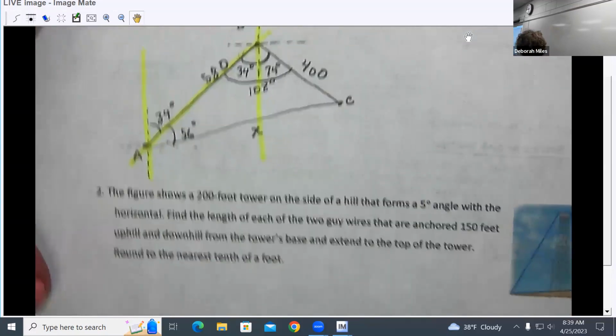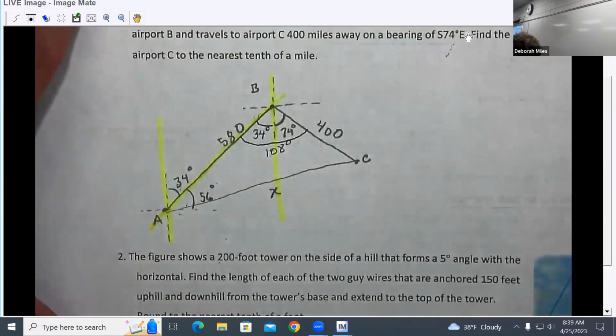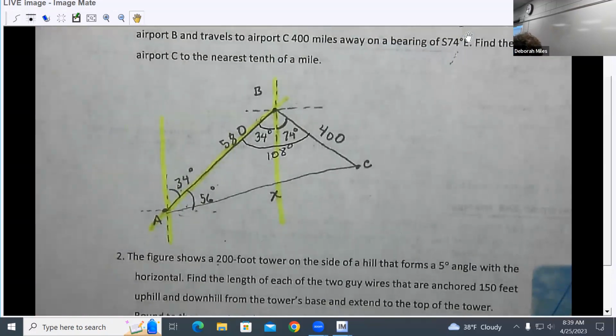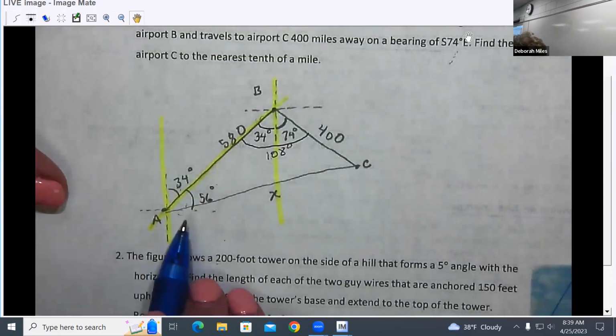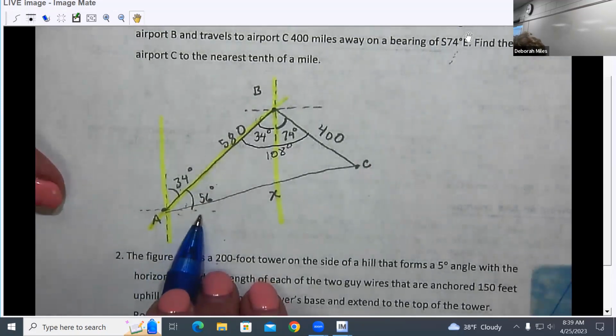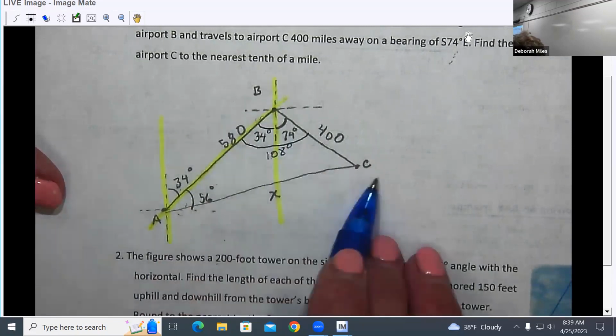When I'm solving for the missing part of an oblique triangle, first thing I always ask myself is, do I have what I need to use the law of sines? Why did I have to use the law of cosines on this one? I know the 56 degrees and the side opposite it is 400.